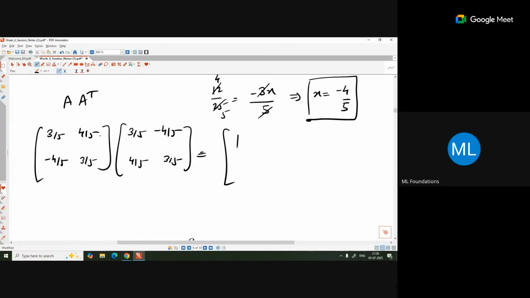Here it is 0. So it is the identity matrix. And I think you can check A transpose A, that also should come out as the identity matrix, right? I hope you understand the definition of an orthogonal matrix.